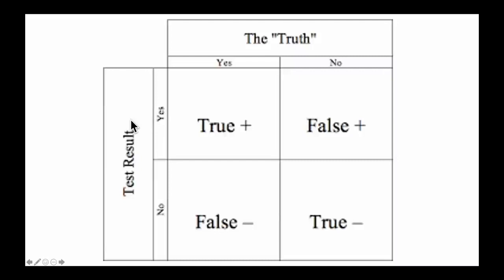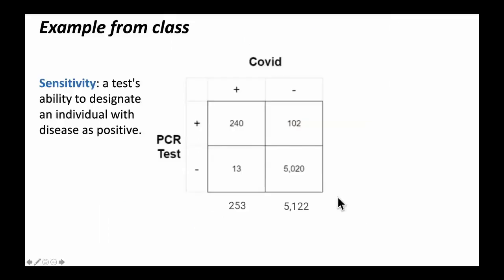If the test is positive, what's the likelihood that it's really a true positive? Or what if it's a false alarm, which means patients will have worried unnecessarily? And for the negative test, what's the likelihood that the person really doesn't have the disease? You did this yesterday, just to review.